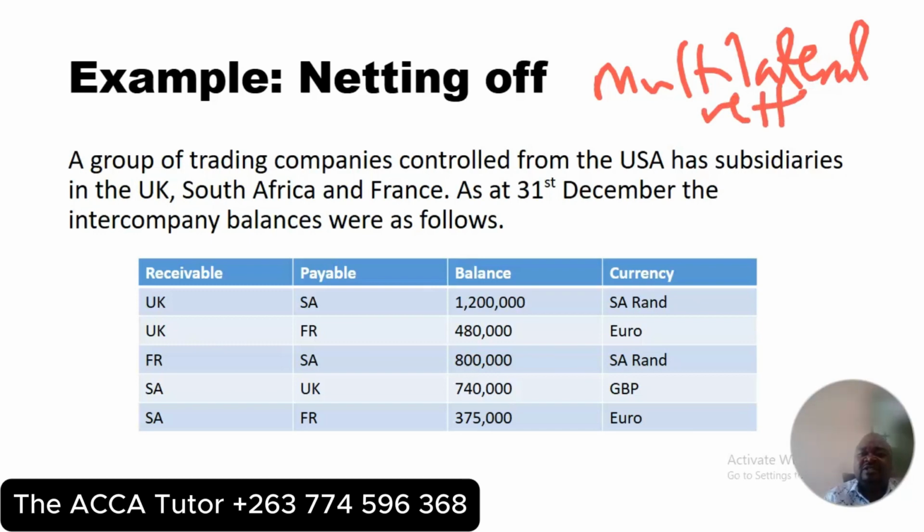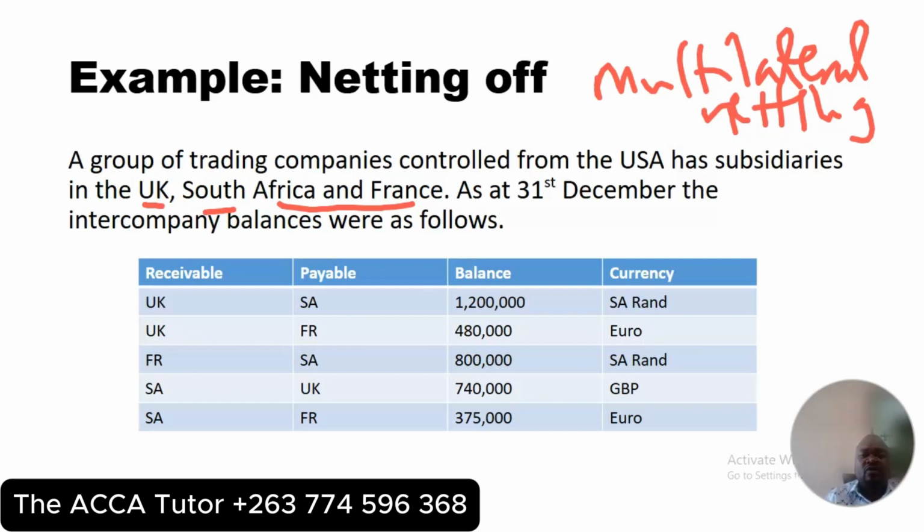As you can see on the screen, there is this particular problem. A group of companies controlled from the US has subsidiaries in the UK, South Africa, and France. As at 31st December, the intercompany balances were as follows.